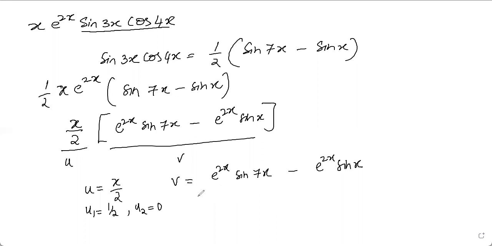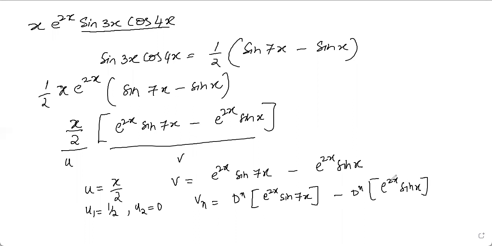Now let us consider Vn. That is Dn of e to the power of 2x sine 7x minus Dn of e to the power of 2x sine x.